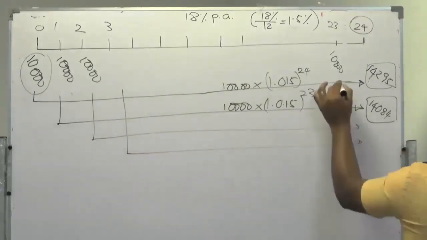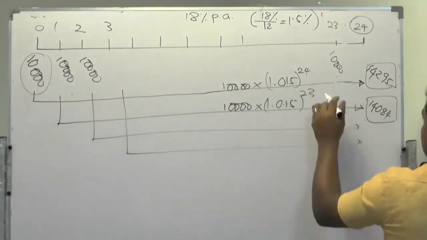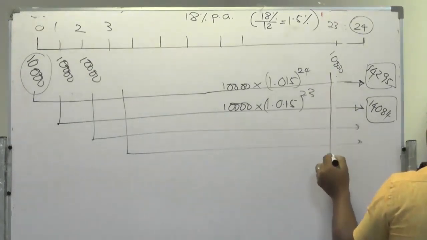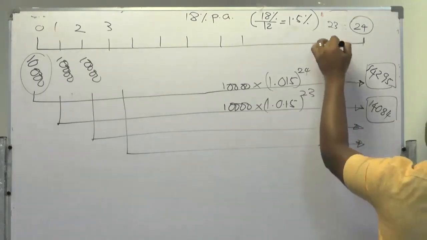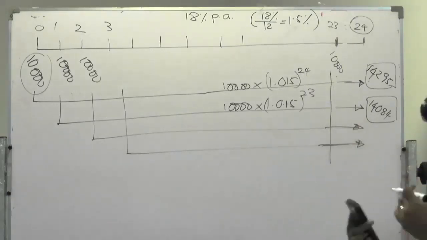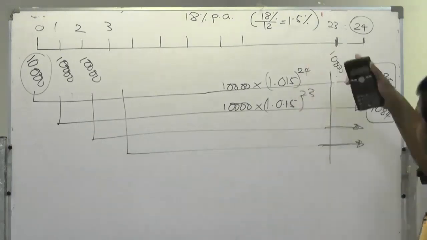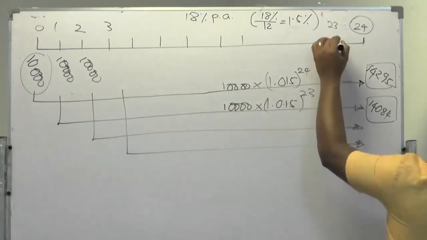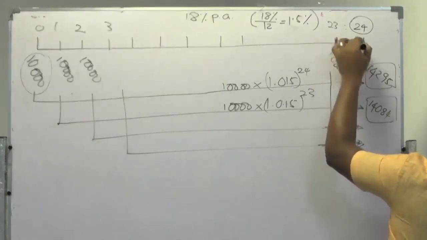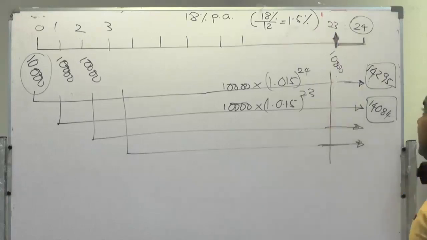And finally, the last investment will be made at the end of 23 or beginning of 24, because each month beginning you will make the investment. This is the 24th month, the beginning of 24 or end of 23.